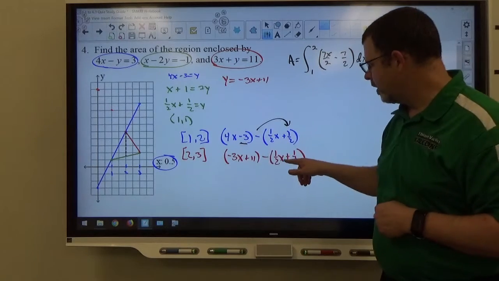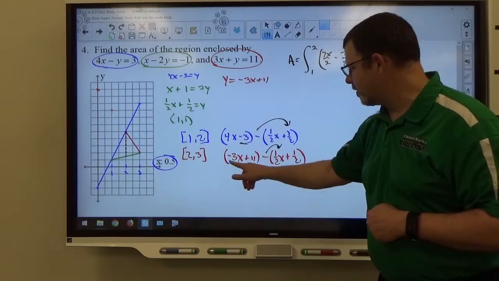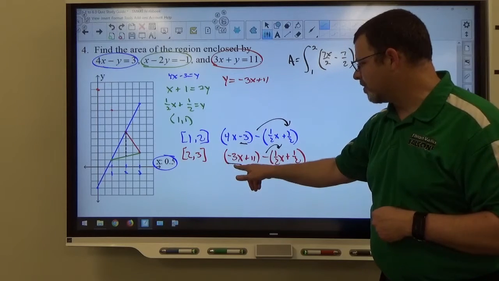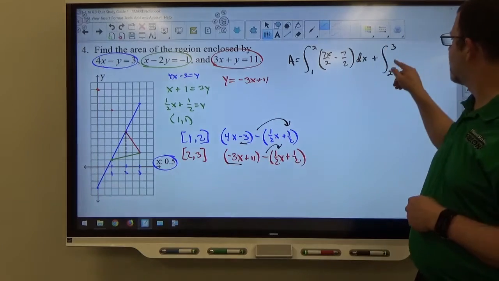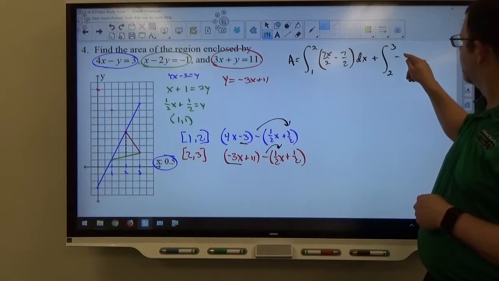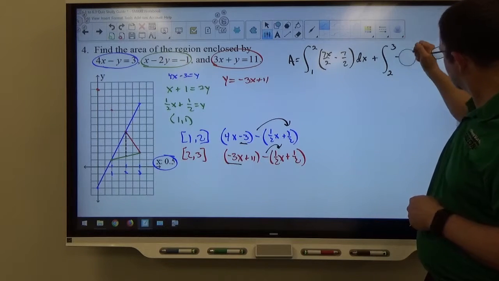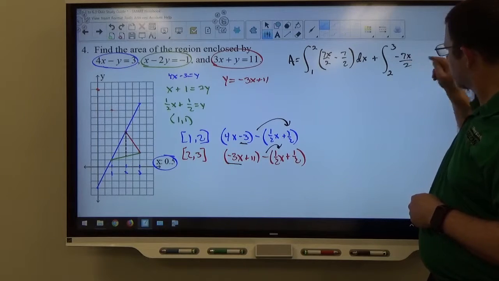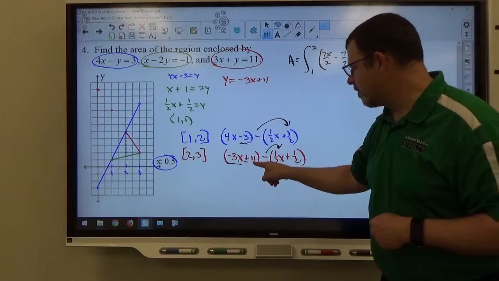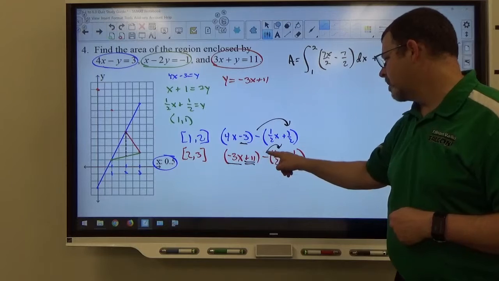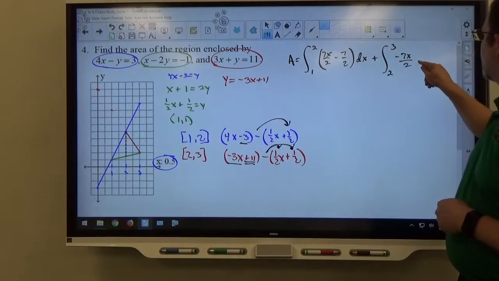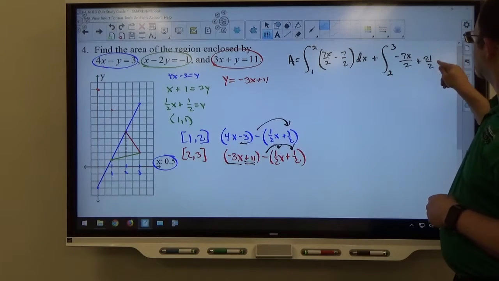Here's red, here's green. And again, this is minus this, and this is negative 6 halves minus 1 half is negative 7 halves x. And this is positive 22 halves minus 1 half is positive 21 halves dx.